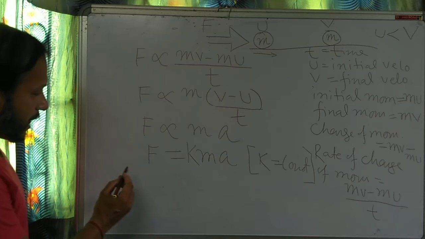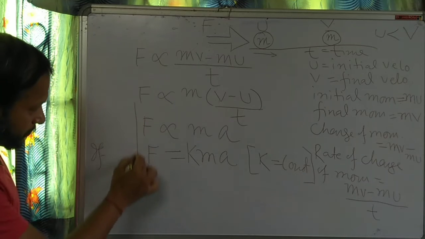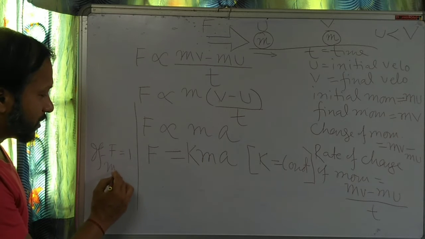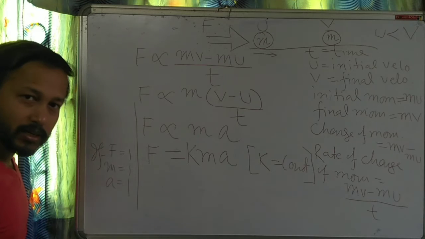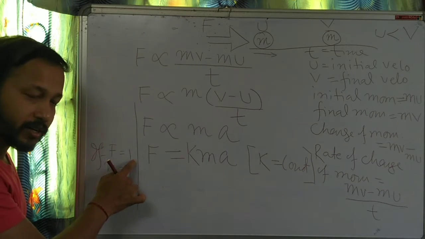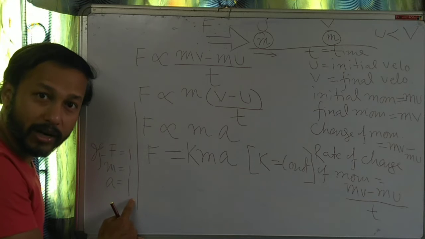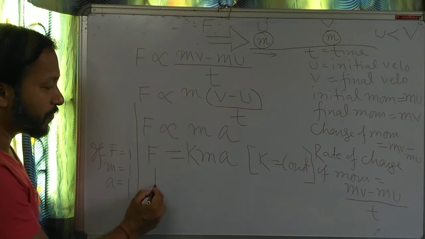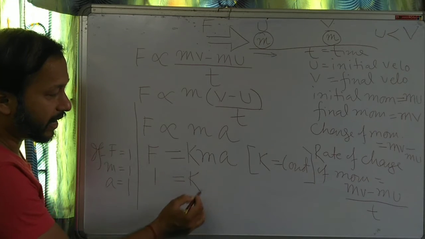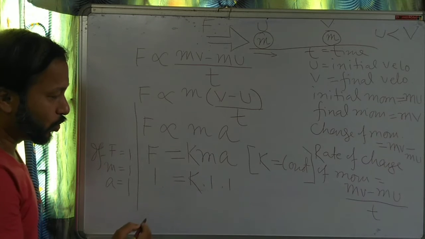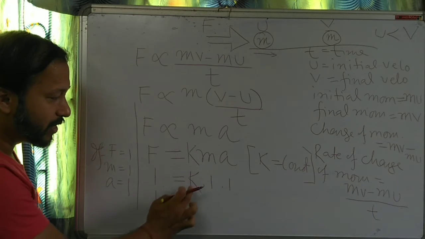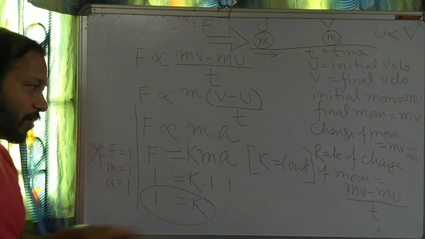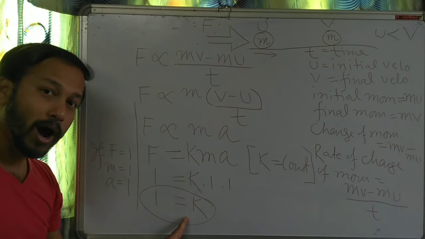Now, if f equal to 1, m equal to 1, a equal to 1, okay, force is 1 unit, mass is 1 unit, acceleration is 1 unit, then let us put these values here. So instead of f, 1, k, m is 1, a is 1. So what we are getting? 1 equal to k into 1 into 1, that is k. So we got k is 1. The value of the constant is 1.